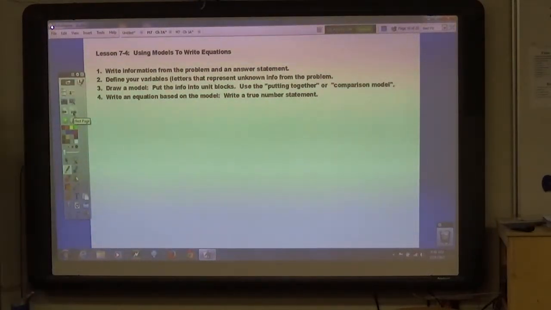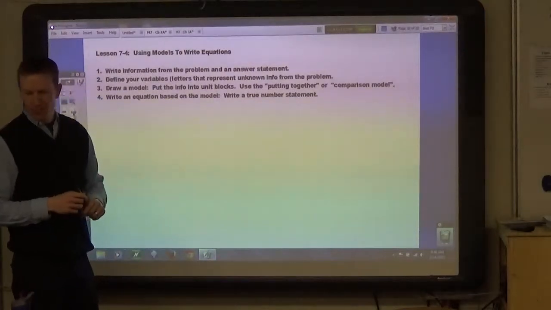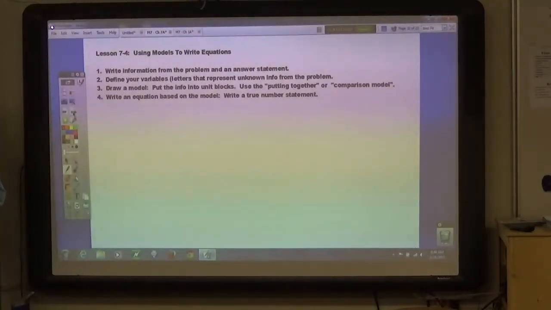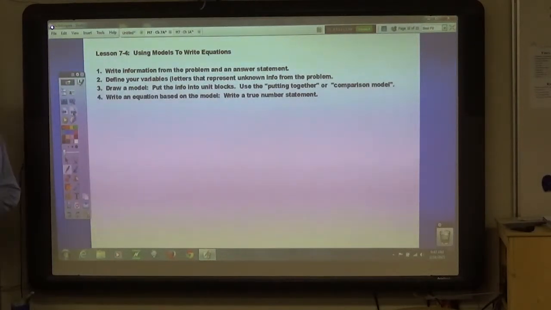This one says, a moving van rents for $29.95 per day plus 12 cents per mile. Okay? Now, Miss Smith's bill for a 2-day rental was $70.46. How many miles did she drive?